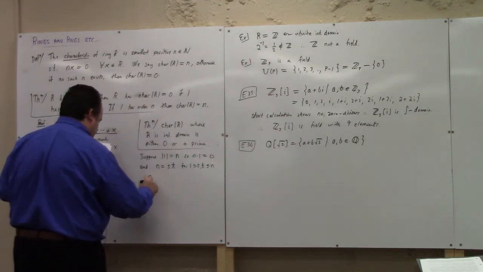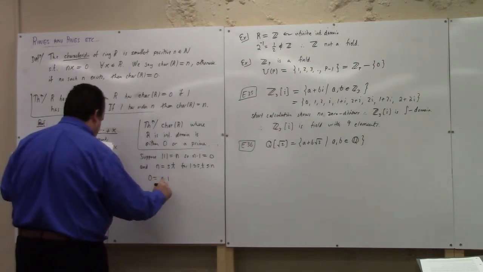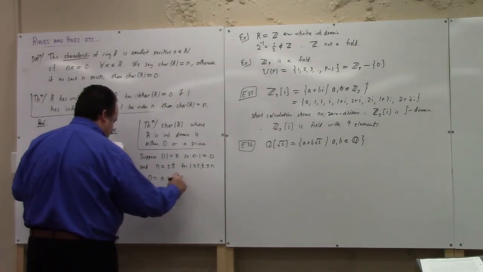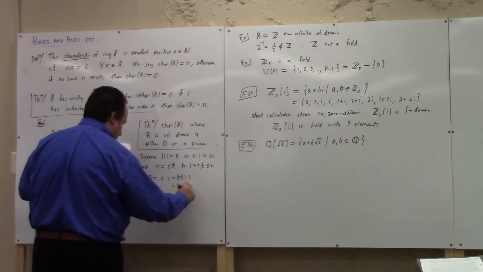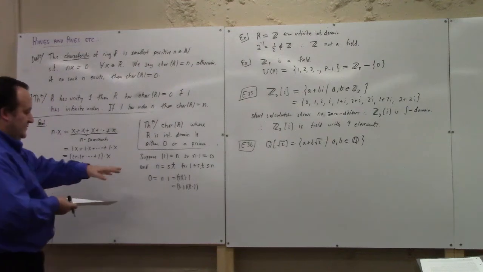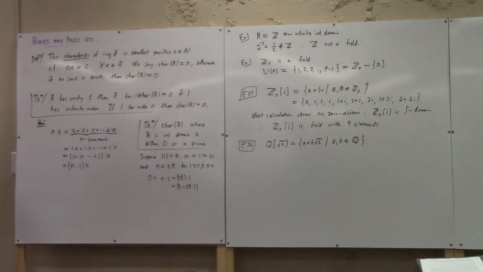And then, well, we can calculate 0 is n times 1, but that's equal to st times 1, which, by the way, we can rewrite as s times 1 times t times 1, right? But neither of those can be 0. Well, let's see here. They can't both be 0 for smaller s and t. The point is either one of s or t has to be n, otherwise it contradicts the order of 1 being n, because you'd have a smaller order which goes to 0 on the basis of this theorem. So there it is in a nutshell.